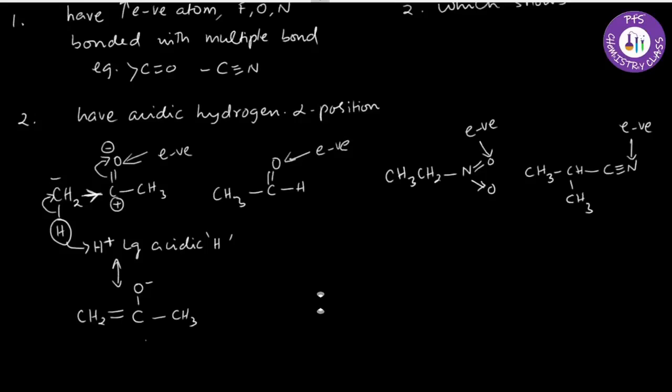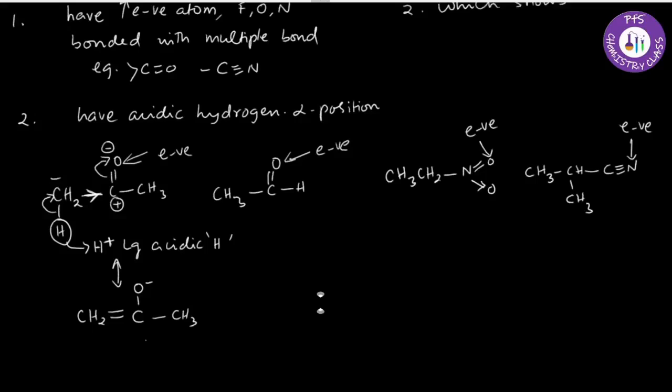The basic nature of this tautomerism is the migration of the acidic hydrogen, as I told you already, from the carbon next to the multiple bonded carbon, the C double bond O, to the more electronegative element, and it shifts to bring the compound to this enol form with C double bond C and OH. So this is the basic structural requirement for keto-enol tautomerism.